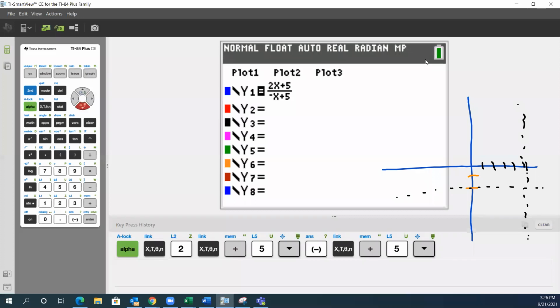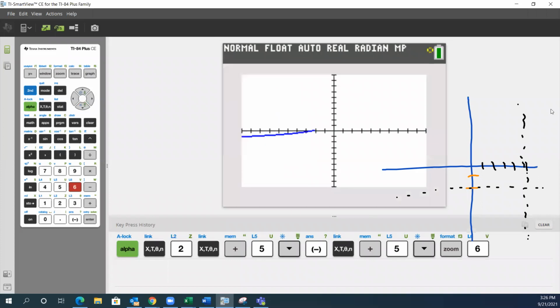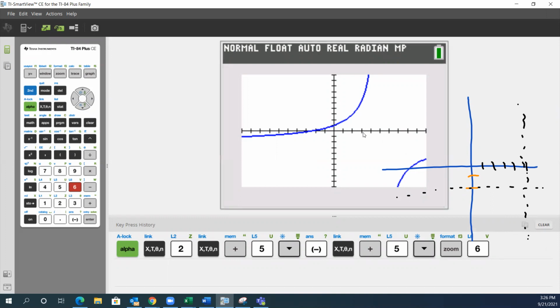So I've got the function into the calculator. Now I'm going to go zoom 6, and it might be kind of hard to tell if we've got them correct or not, but we can at least have an idea of whether there is a chance that we've got it right. We said that the vertical asymptote is x equals 5: 1, 2, 3, 4, 5.